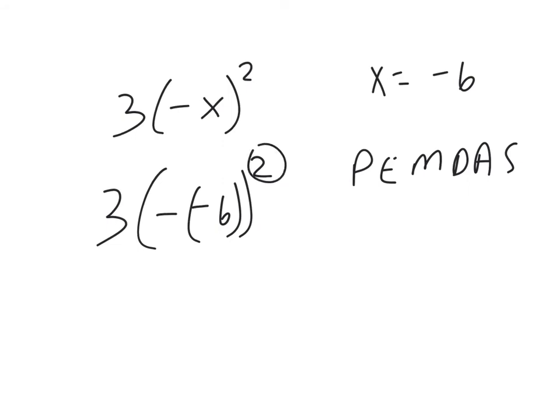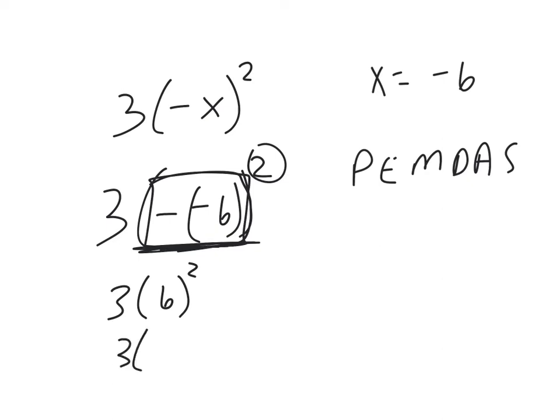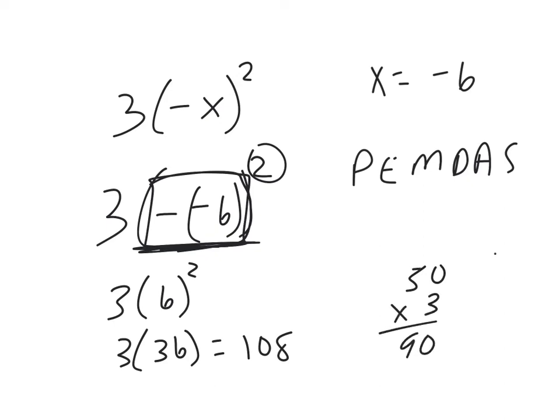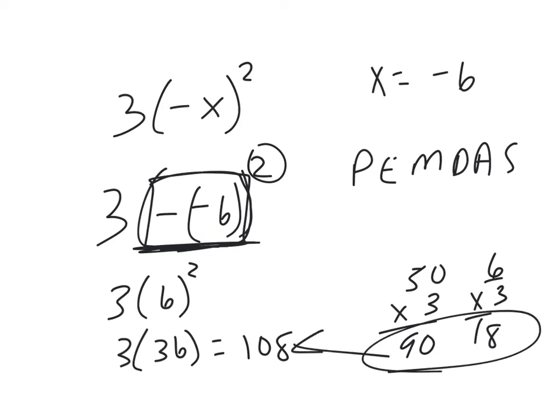So the exponent's outside this big parentheses, isn't it? So I got to do everything in this parentheses first. So 2 negatives in a row make a positive. And then I got 3 times, what is that, 36? 6 squared is 36. And then times 3 would be 108. Because 30 times 3 is 90. And 6 times 3 is 18. So these two together make 108.